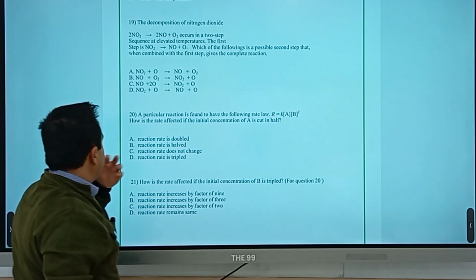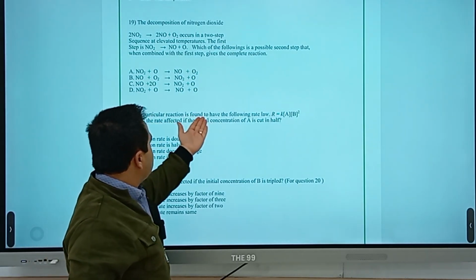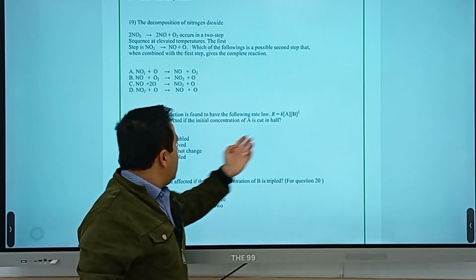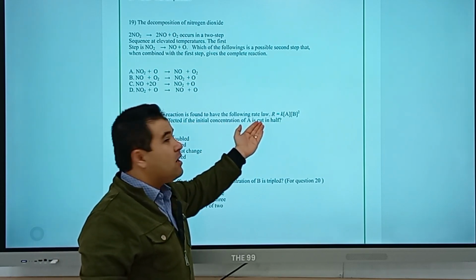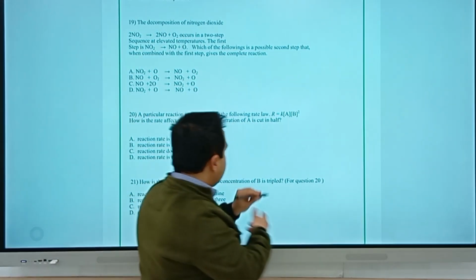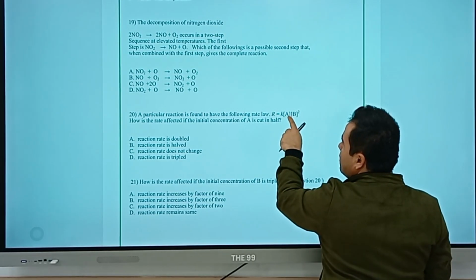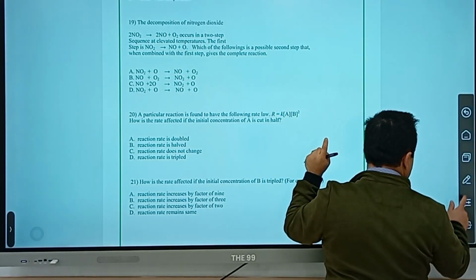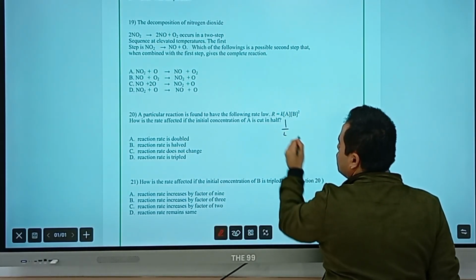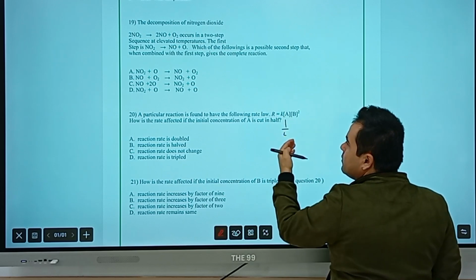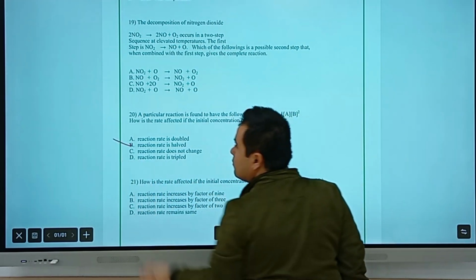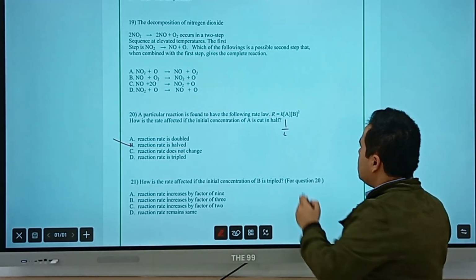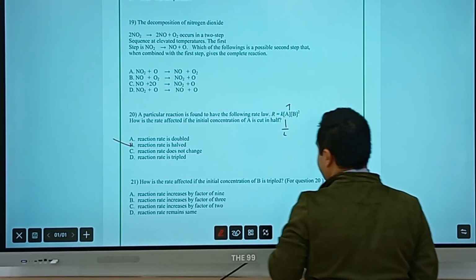A particular reaction is found to have the following rate law. How is the rate affected if the initial concentration of A is cut in half? Cut in half means A becomes 1/2 A. So the reaction rate is half as well, because the coefficient of this is 1.